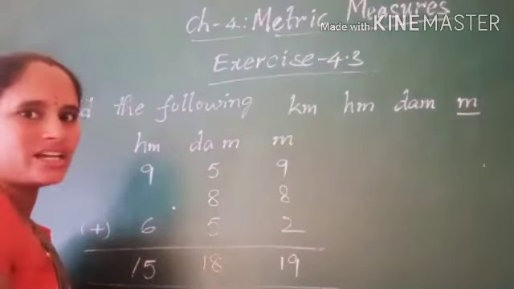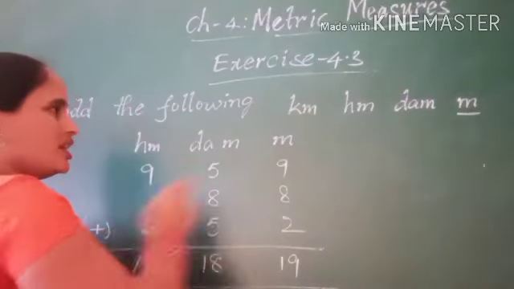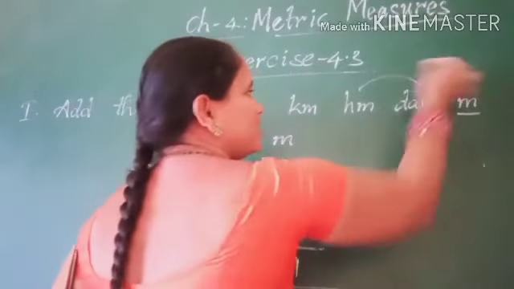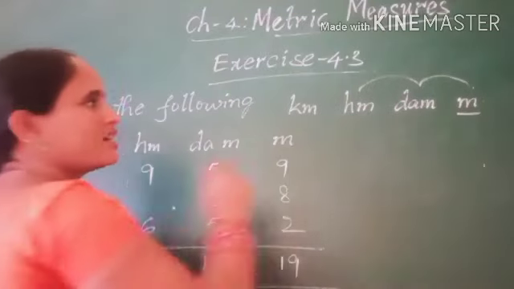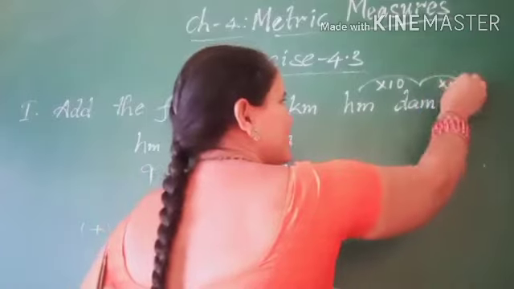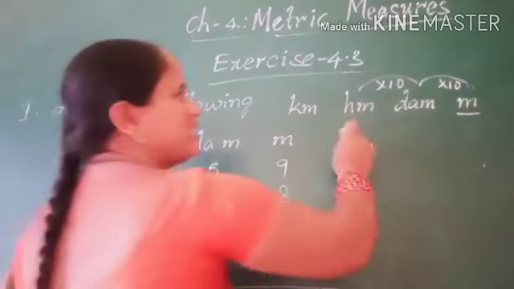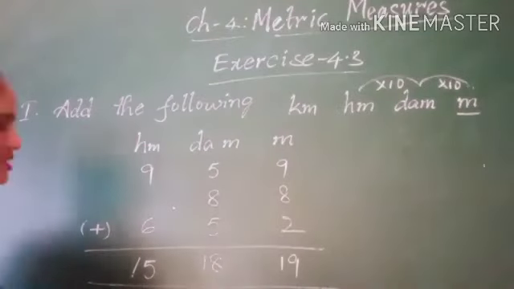What is the standard unit of length? Meters. Kilometers are not there here. Hectometer is there. How many meters are there in a hectometer? Here we are doing 10 two times, 10 into 10, so 100 meters. 1 hectometer equals 100 meters.